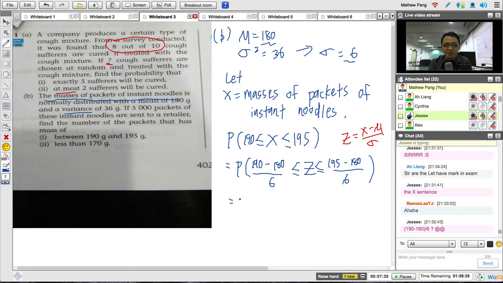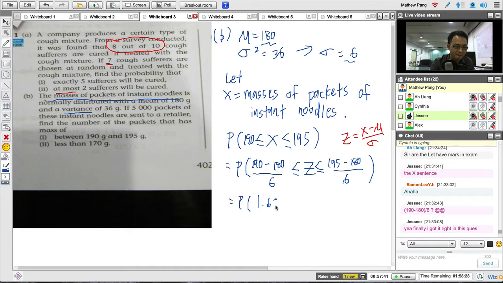Alright, then I just use a calculator to solve this one. This is 10 over 6. Yeah, actually I got 1.67 maybe. And then this one is 15 over 6. Yeah, this one is 2.5.